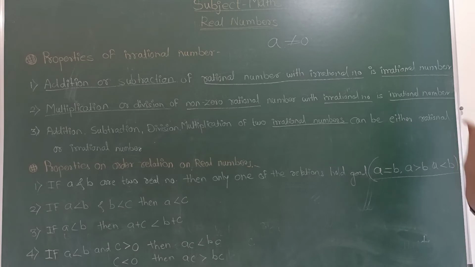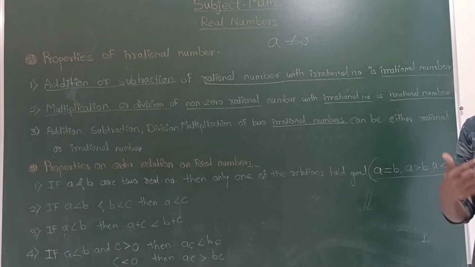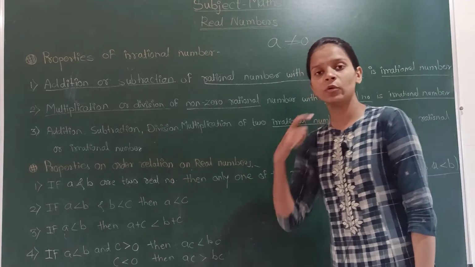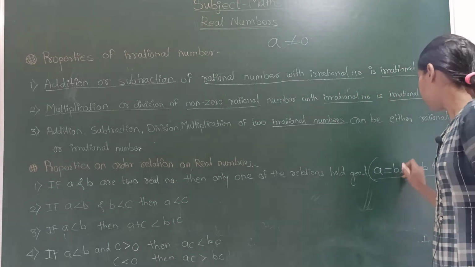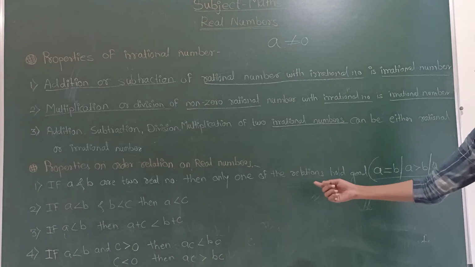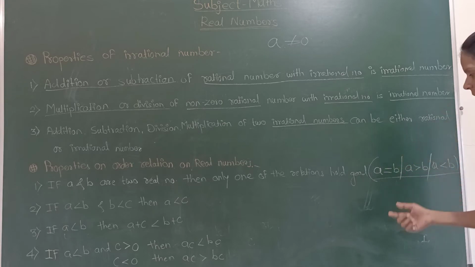If we have to show the relation between two numbers, what can we say? Two numbers are equal, one number is greater or one number is smaller. So, if A and B are two real numbers, they can have only one of these three relations. Which are these three relations? A is equal to B, A is greater than B, and A is less than B.